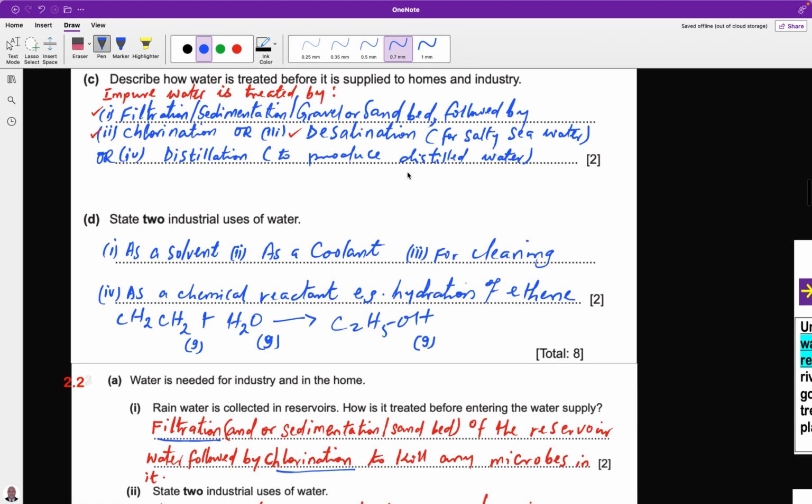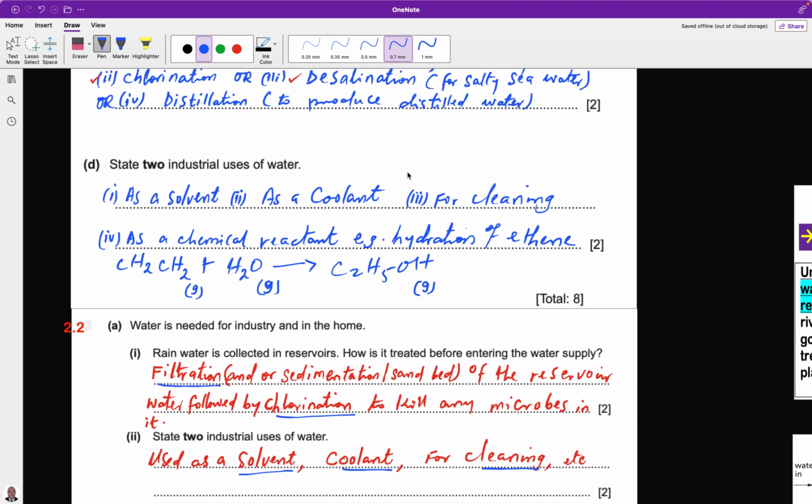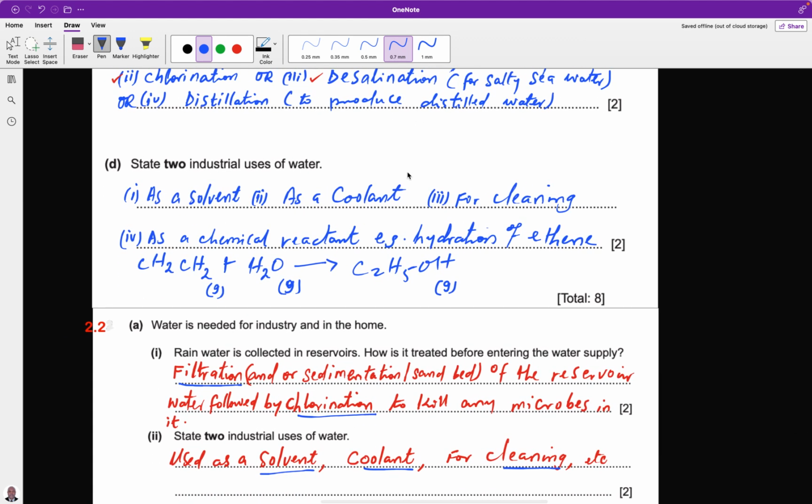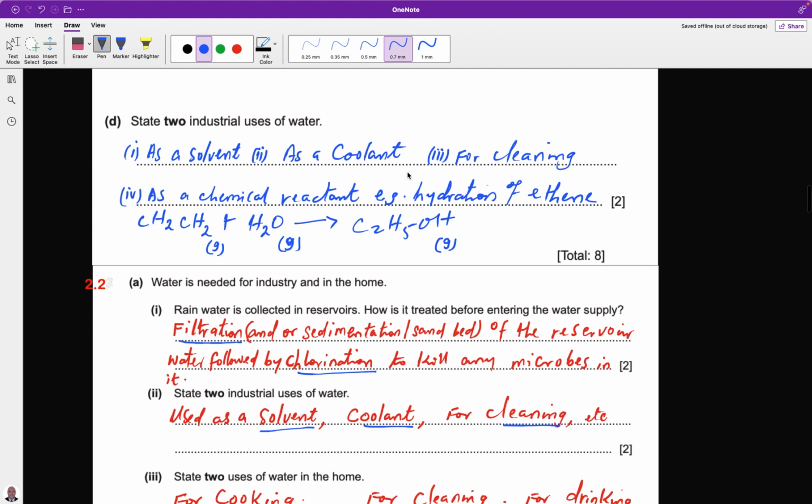Okay, state 2 industrial uses of water. It should be remembered that in an industry, water is used for many uses. Here I've listed 4 for you to select.